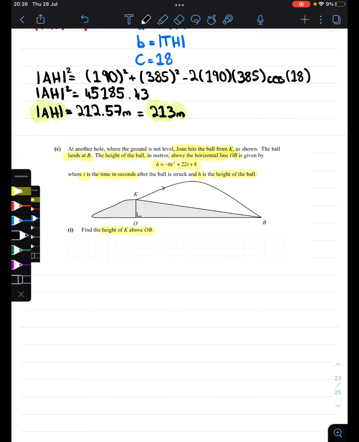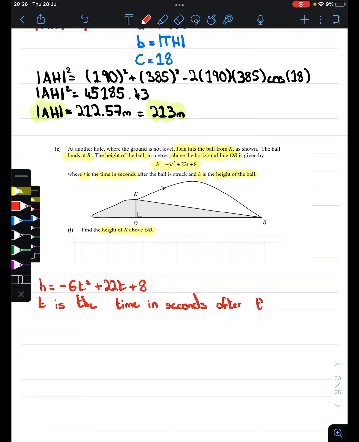Well, let's just write down our formula. The height equals minus 6t squared plus 22t plus 8, and t is the time in seconds after the ball is struck.